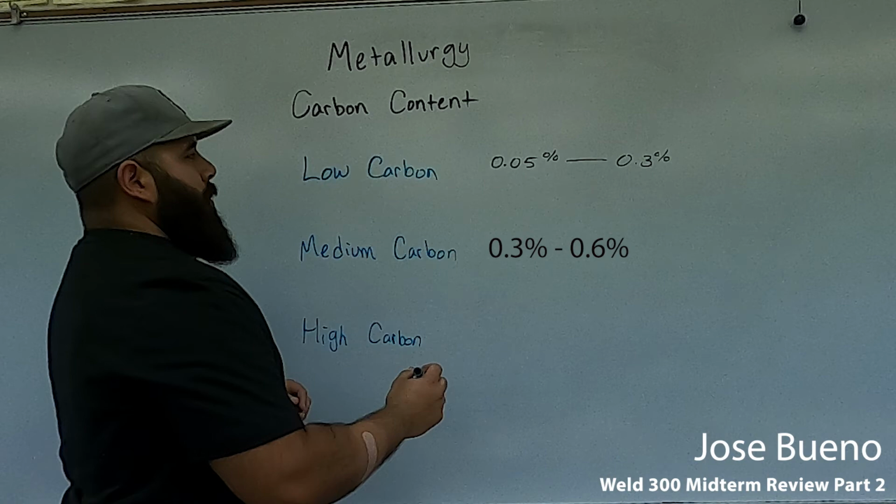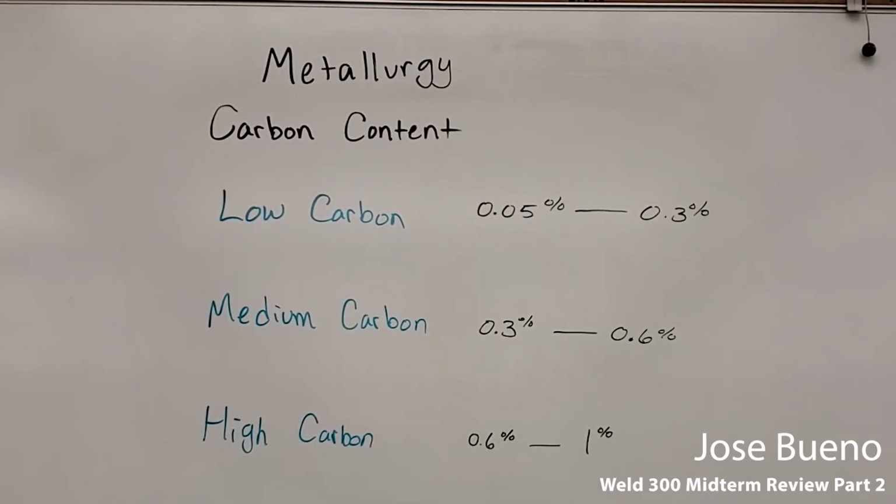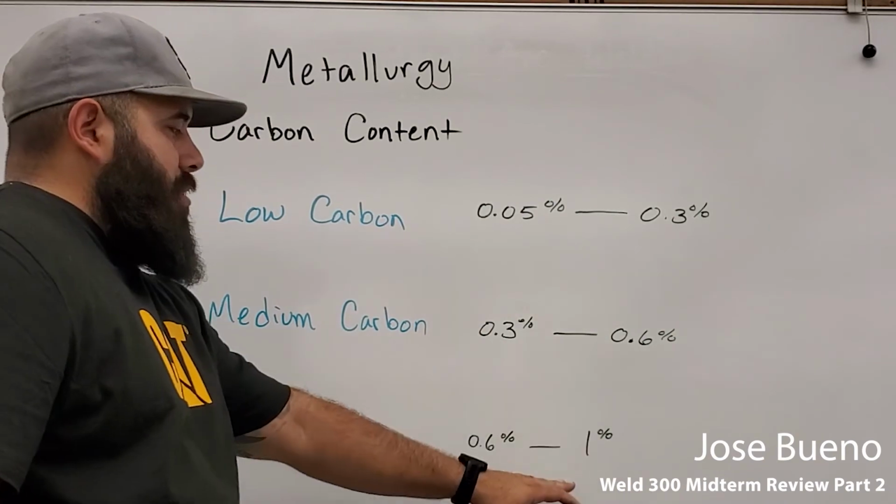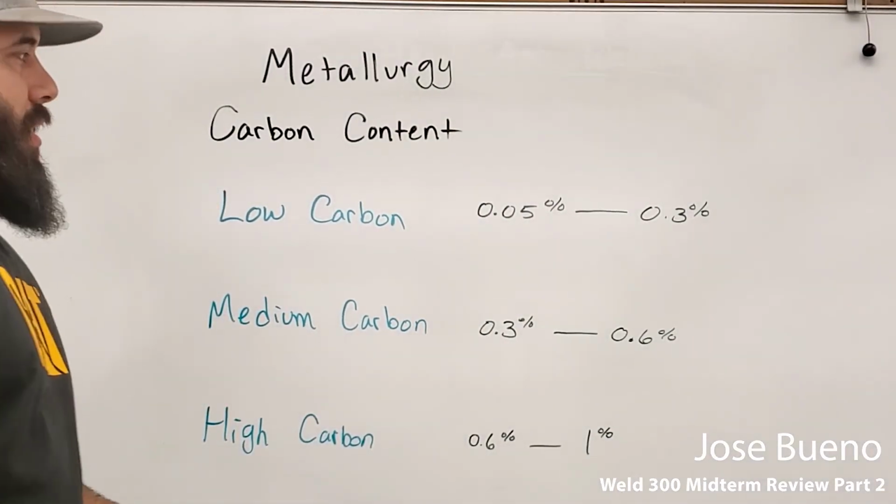And high carbon steel contains anywhere from 0.6% all the way to 1%. So as you can see, there's not a whole lot of carbon in steel.